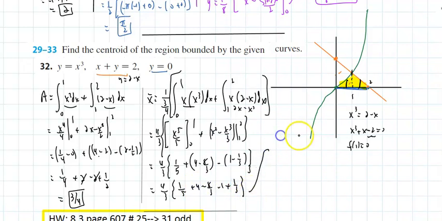And what is that? That is 4/3 times, and let's see, 3 plus 1/5 minus 8/3 plus 1/3 is minus 7/3.